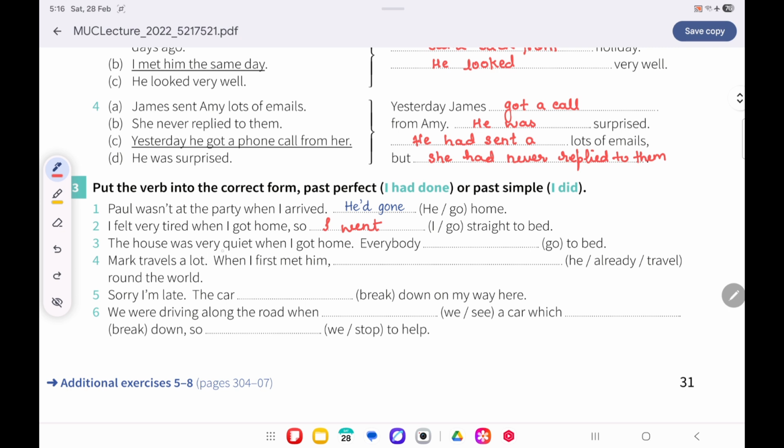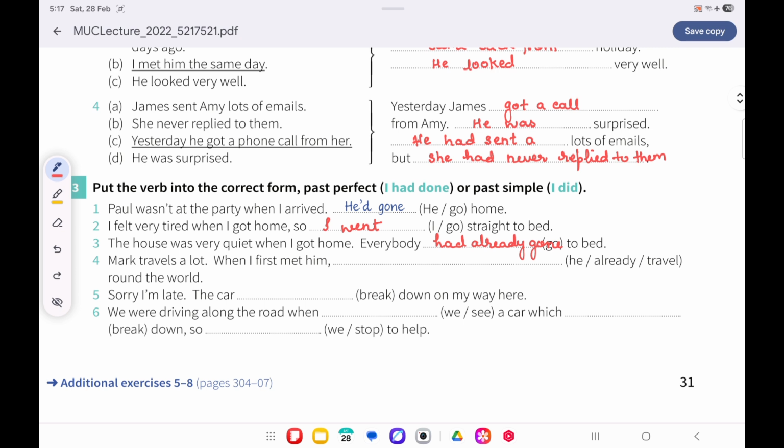The house was very quiet when I got home. Everybody had gone to bed. Past simple is for the incident, and past perfect is for anything which happened before that incident.